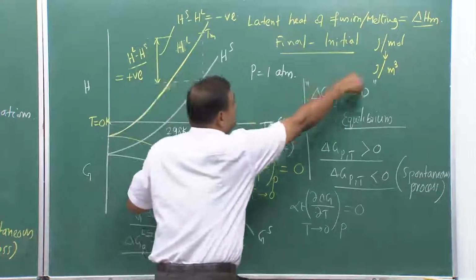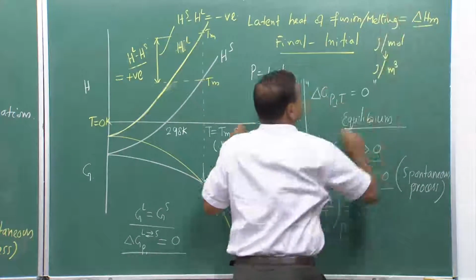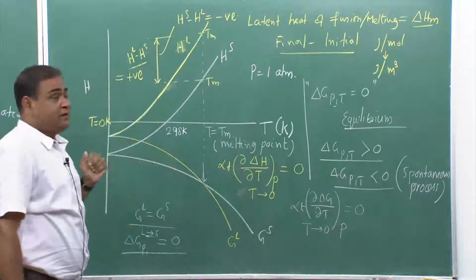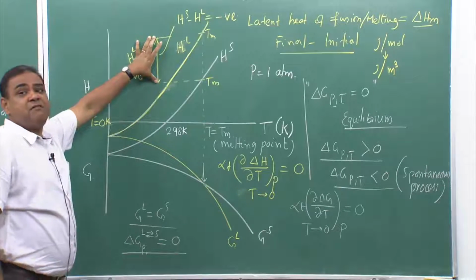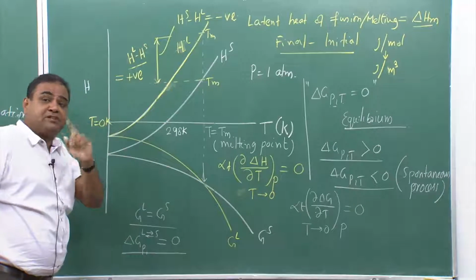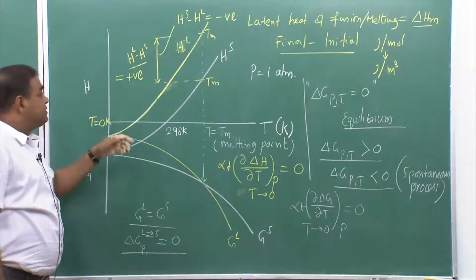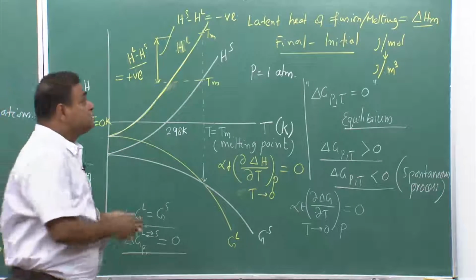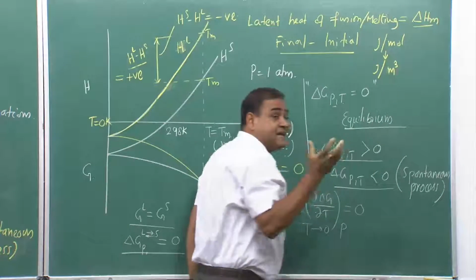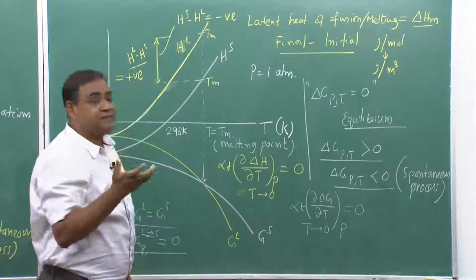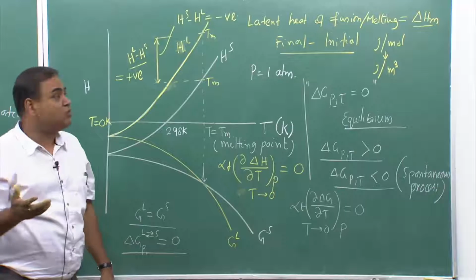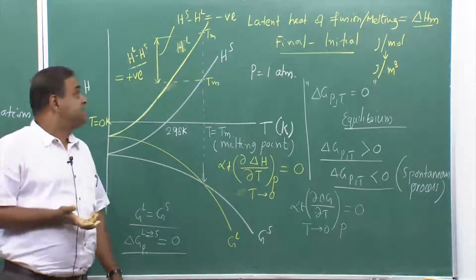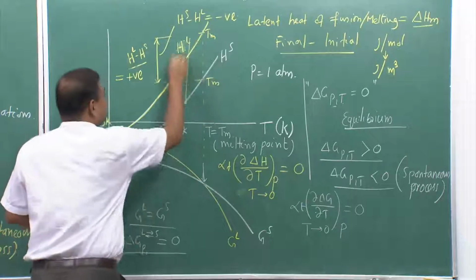Now we will come back to this particular term, because it would be very, very crucial. Since this is a constant term for a particular metal at a constant pressure, whenever the solid goes to liquid, we can call it a reference data, and this reference data will be used to find out the enthalpy change at any other temperature.